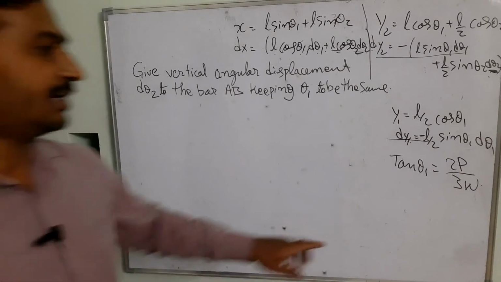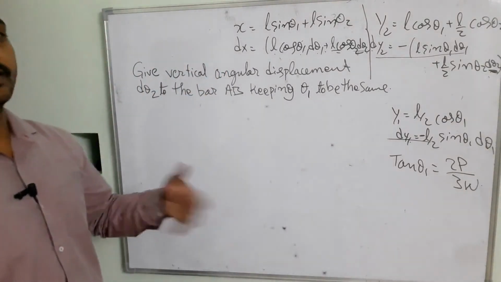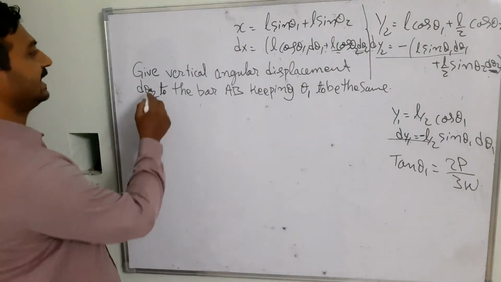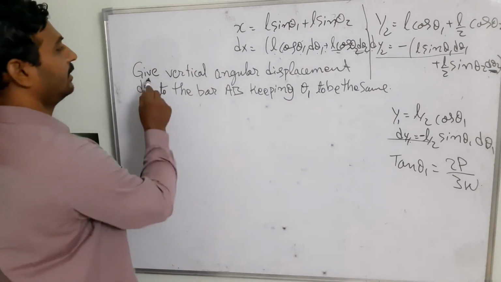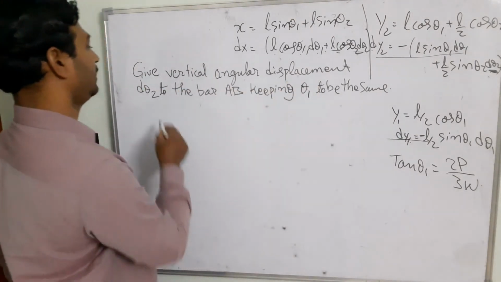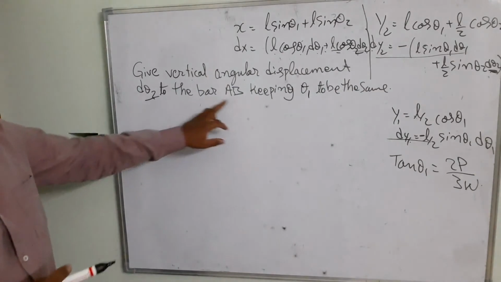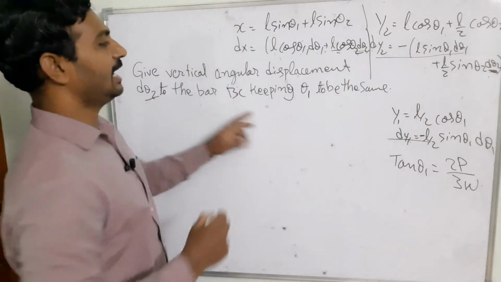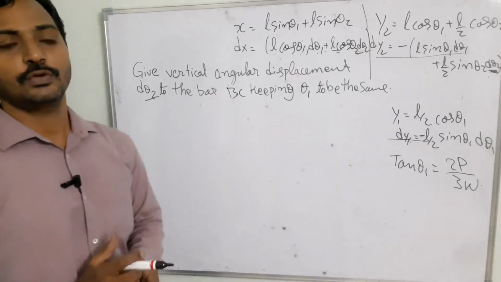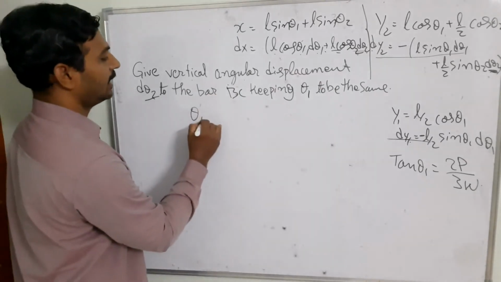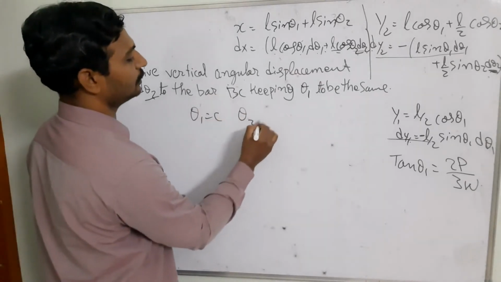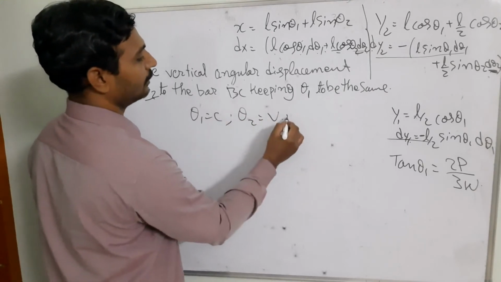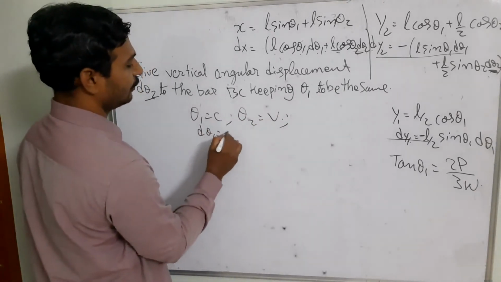Once we have calculated theta 1, now we need to calculate theta 2 for that system. In this case, the second condition we apply is to give the virtual angular displacement d theta 2 to the bar BC, keeping theta 1 the same. So theta 1 is constant and theta 2 is the variable, which means d theta 1 is going to be 0.